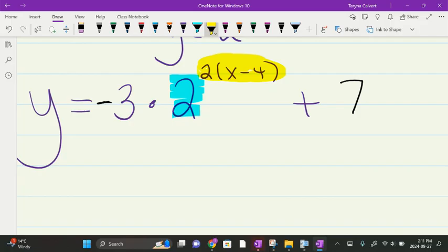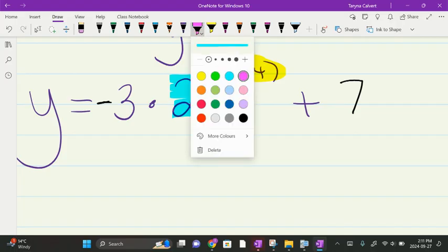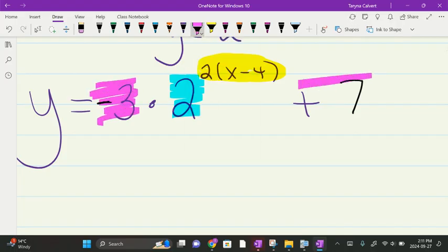So this would still have a horizontal stretch by a factor of half, and it still would be horizontally translated 4 to the right. And this little guy right here and here still has to do with all the vertical stuff, the y. Is the template kind of shifted around a tiny bit? Yeah, but it's still the same template. All the stuff in the exponent is all the horizontal stuff, and all the stuff on the outside is still the vertical stuff.